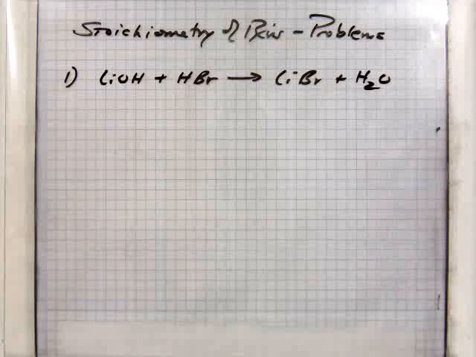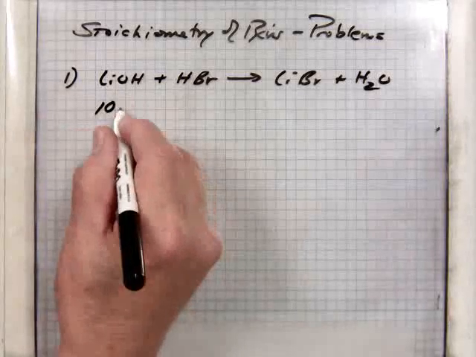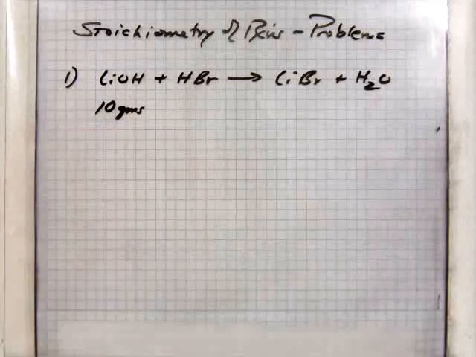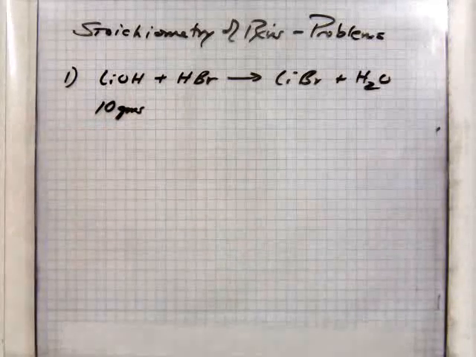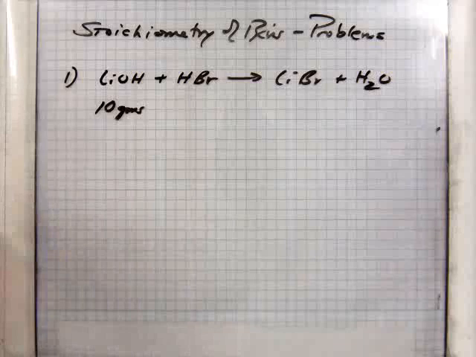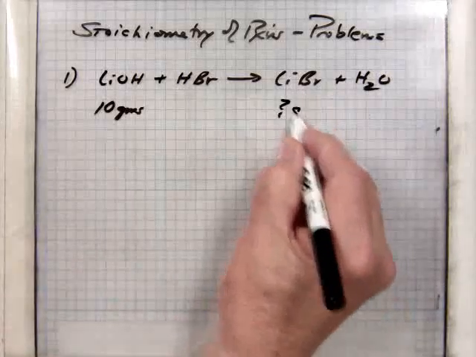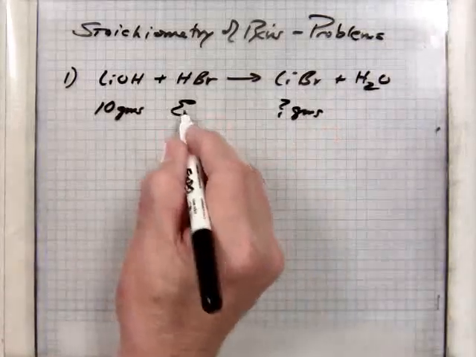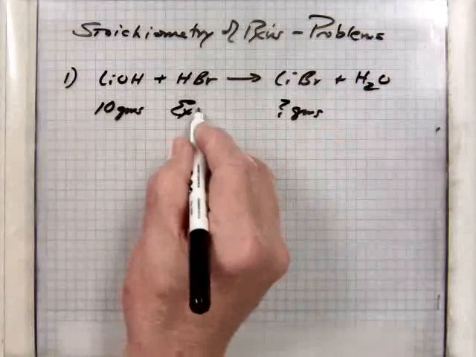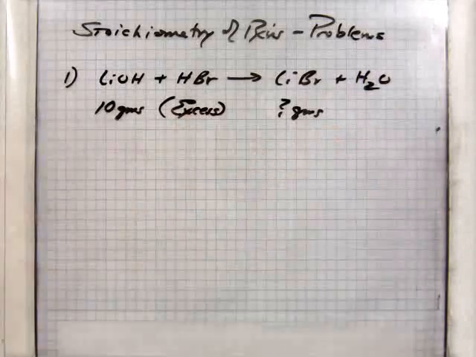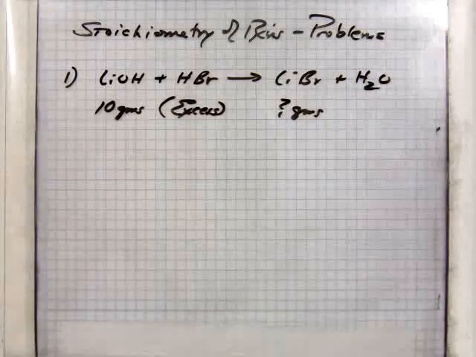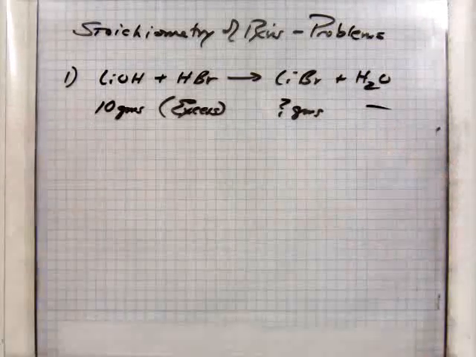In this, it says if you start with 10 grams of lithium hydroxide, how many grams of lithium bromide will be produced? And in this context, you assume excess hydrobromic acid, and water is irrelevant in this particular problem.